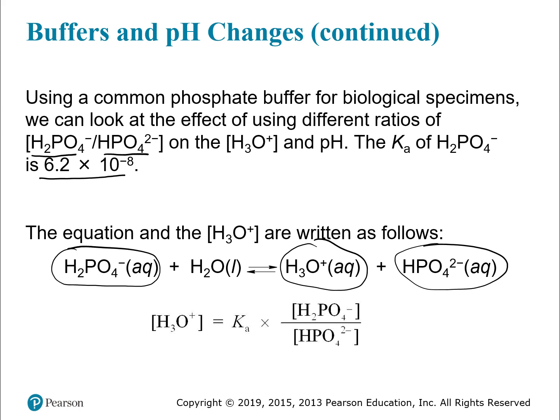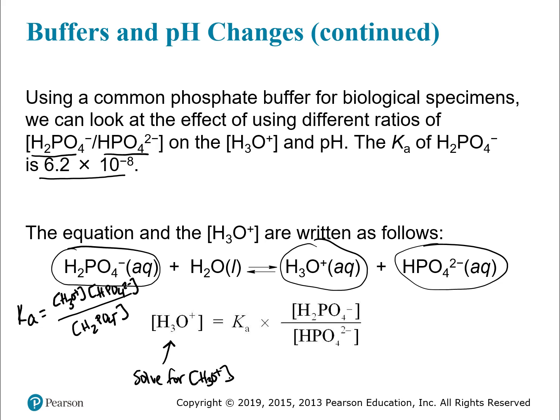If you were to write that dissociation expression, I'll write it out, what it would have been before rearranging it, you'd have your hydronium and the HPO4 2 minus on top, and the H2PO4 minus on the bottom. Then you can rearrange and solve for the hydronium concentration. And that's what we did in that last problem. So that's where we are here.